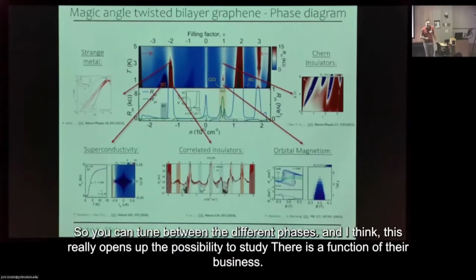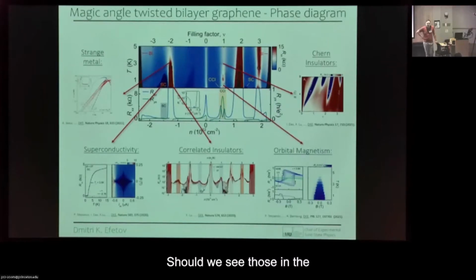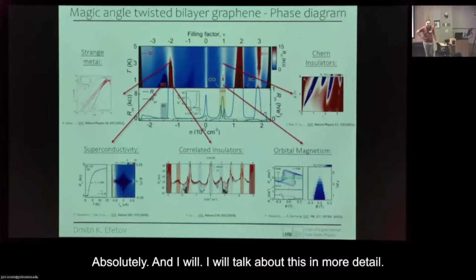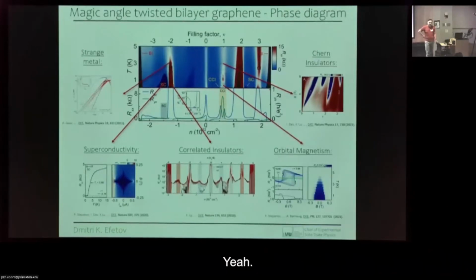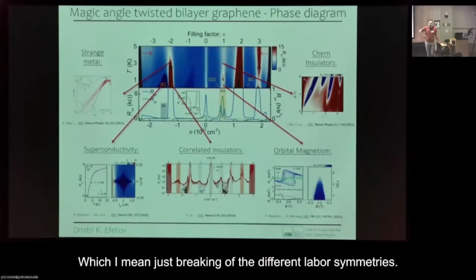We saw yesterday this cascade picture as a function of the field. Should we see it also in the transport measurement? The cascade, the fact that we have the symmetry breaking between different flavors. Yeah, so we see this in transport. Absolutely, and I will talk about this in more detail. Which cascade do you mean?